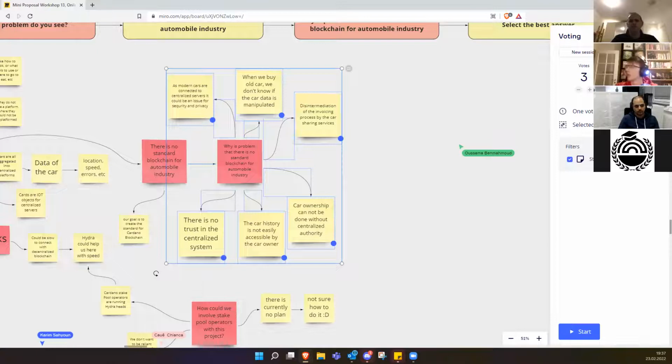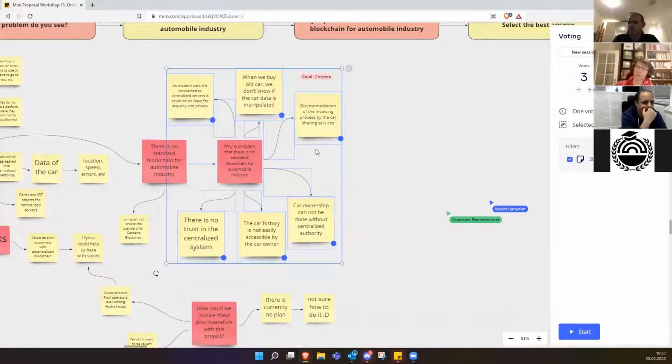Okay, I'm going to set up a 1 minute voting. Everybody will have 3 votes on the Miro board, and I selected these 6 things. We came up with why it is a problem that there is no standard blockchain for the automobile industry.